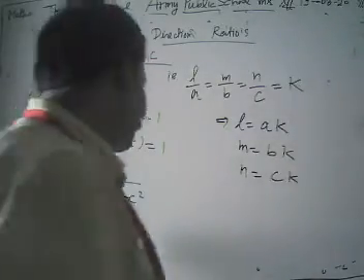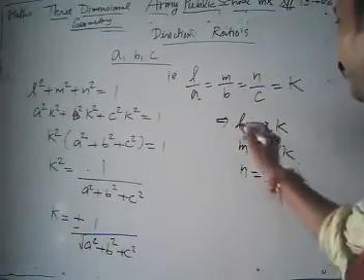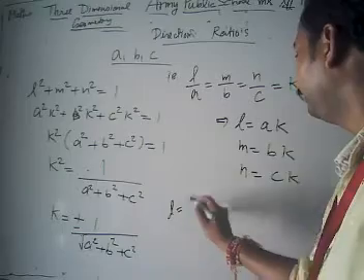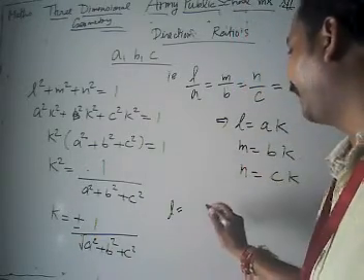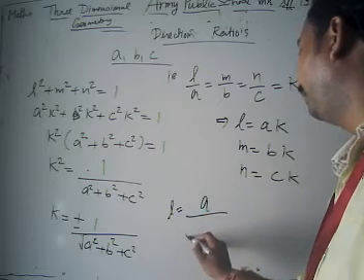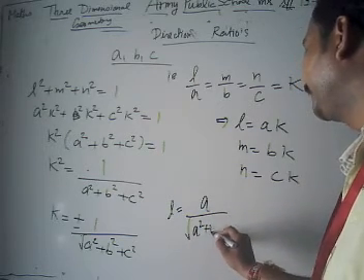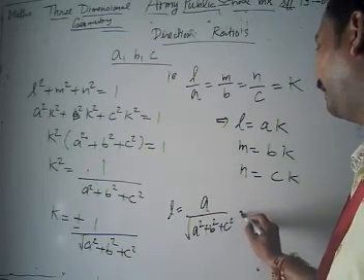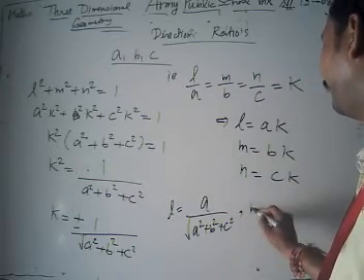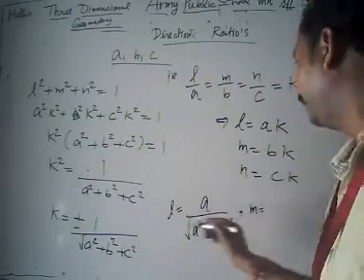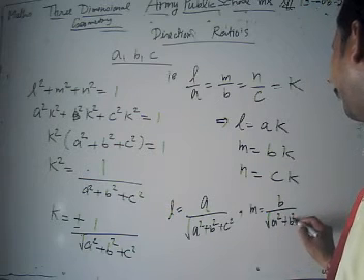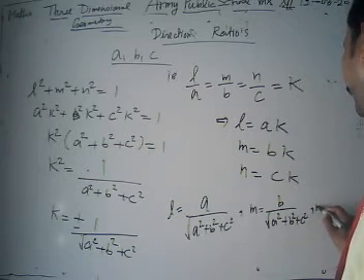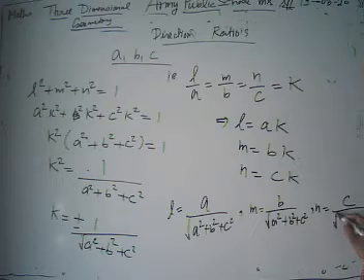When we take its positive value, then what is our l? It is a into k. When we take positive only, then l is given by a upon under root a square plus b square plus c square. Similarly, m is given by b upon under root a square plus b square plus c square, and n is given by c upon under root a square plus b square plus c square.